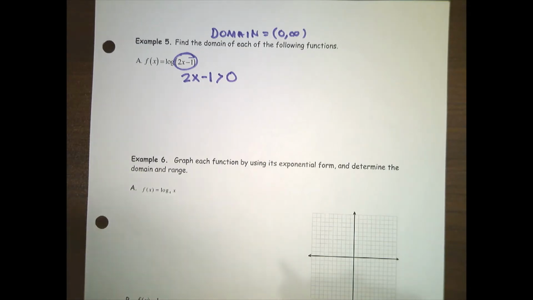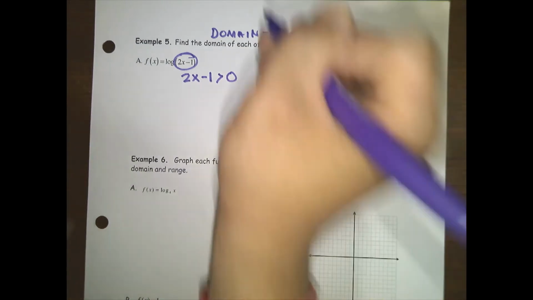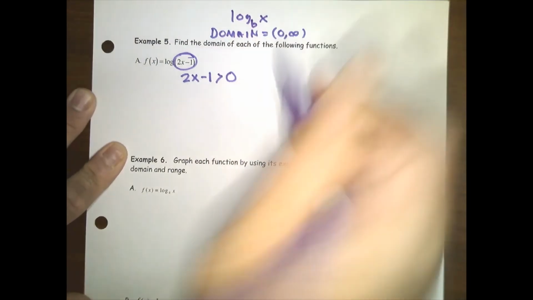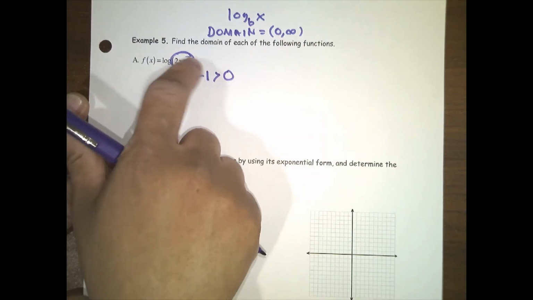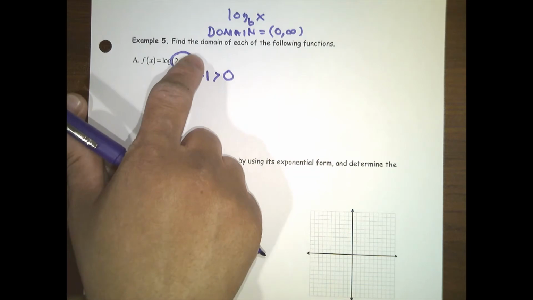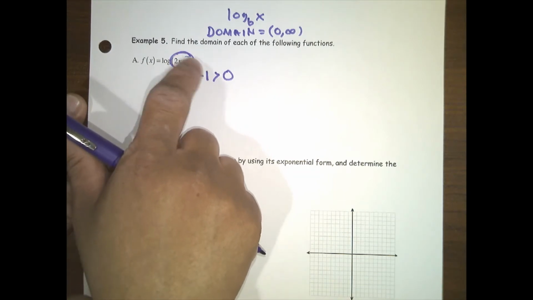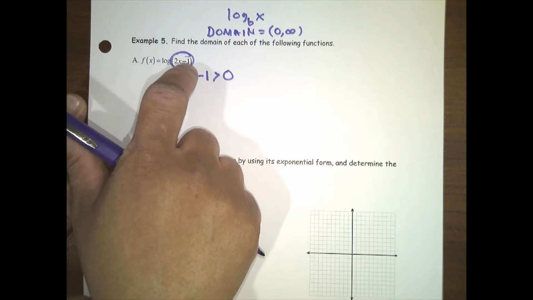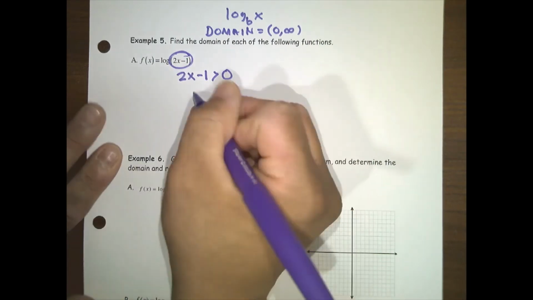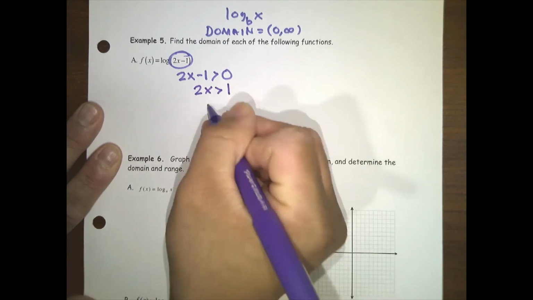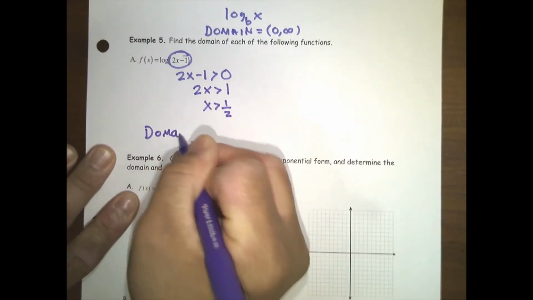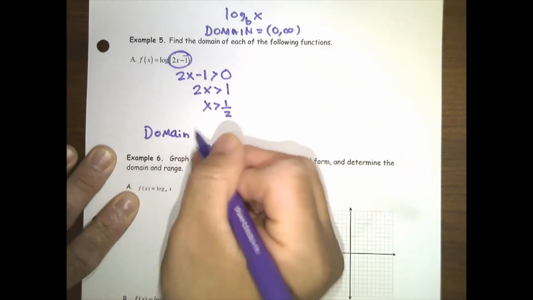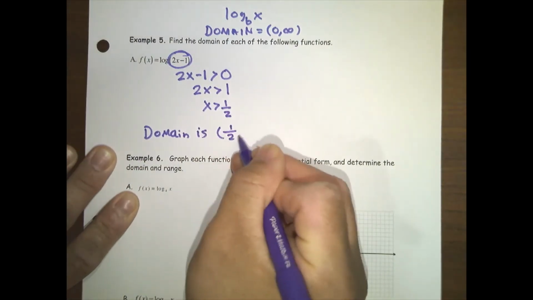Since the domain of log base b of x had to be x greater than 0, then whatever you do when you shift or translate the graph in any way has to still maintain that property that this argument is greater than 0. So I'll add the 1 and divide by 2. I'll get x is greater than a half. So the domain for log base 10 of 2x minus 1 is 1/2 to infinity.